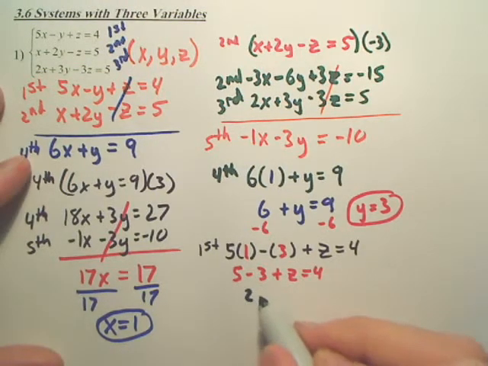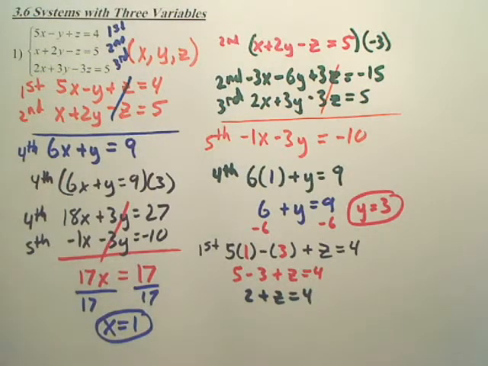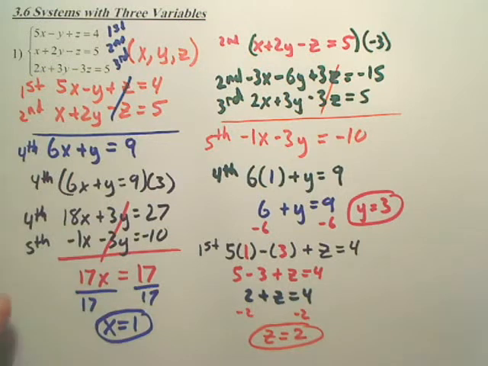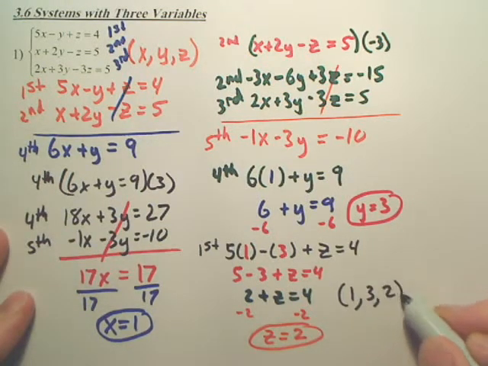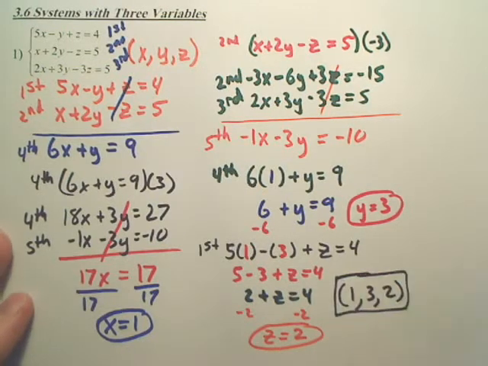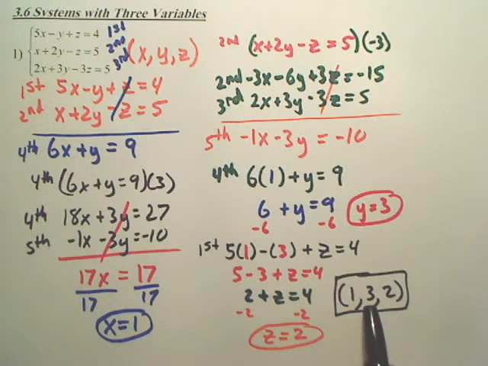Looks like we have 2 plus z equals 4. So if we minus the 2 over, we get z equals 2. All that together, my answer is 1, 3, 2. X, Y, Z. Again, this is the answer.